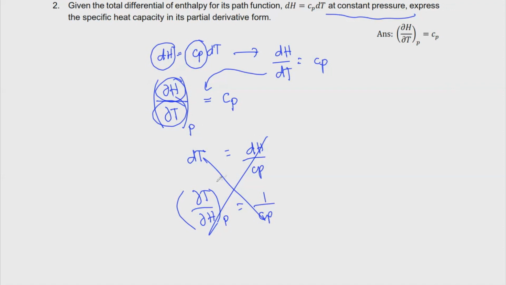So if you try to interchange that, although that is mathematically correct, the expression doesn't look practically correct, because the enthalpy is not really that independent. It depends upon the temperature, so it's the other way around. So mathematically you can do this, but in the real setting this is not allowed.